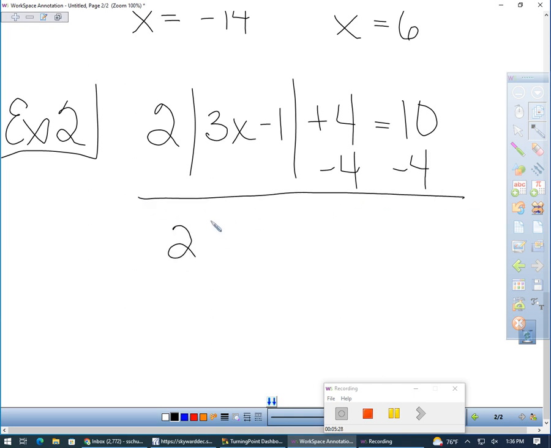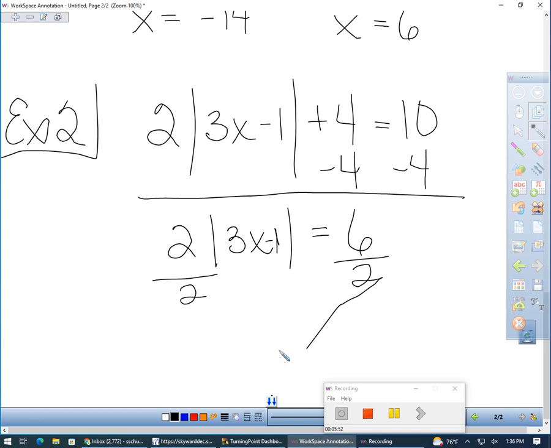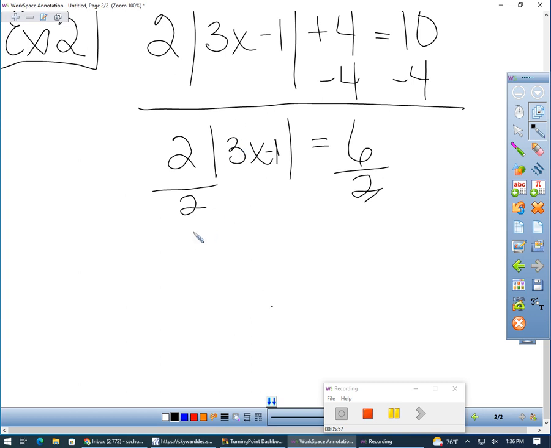So I have 2 times the absolute value of 3x minus 1 is equal to 6. Now, this 2 is just a coefficient in front of my variable of the absolute value, okay? So to get rid of the 2 in front, I'm going to divide both sides by 2. So that means on this side, I'm left with the absolute value of 3x minus 1 is equal to 3.